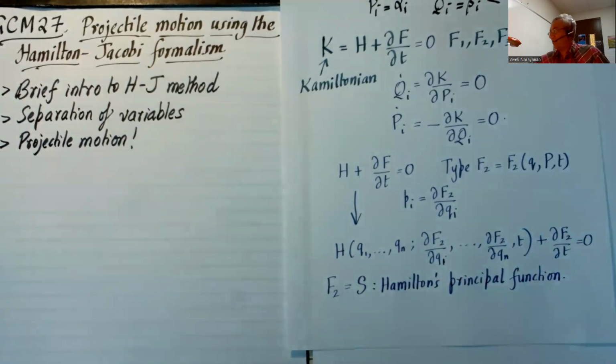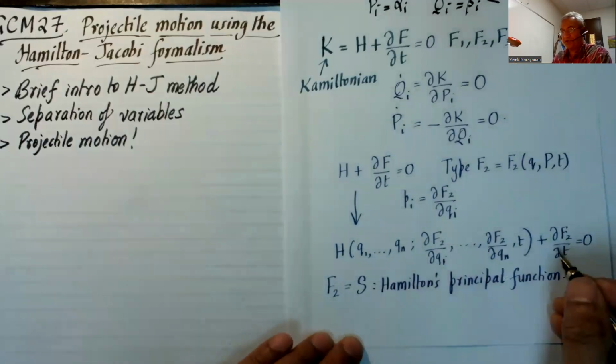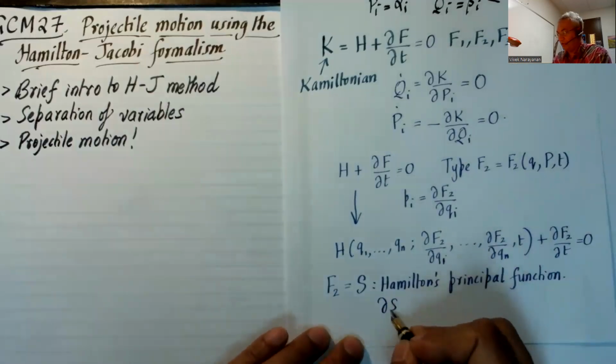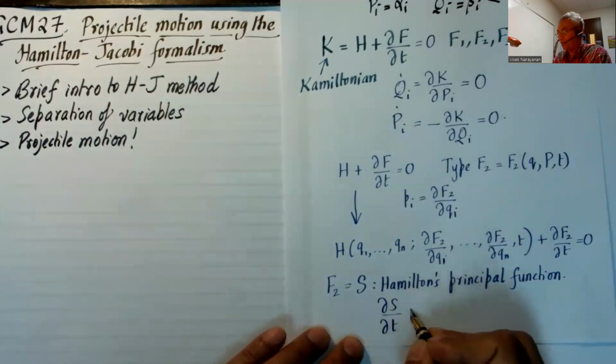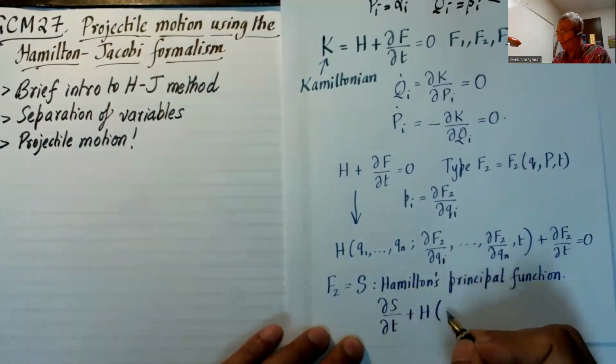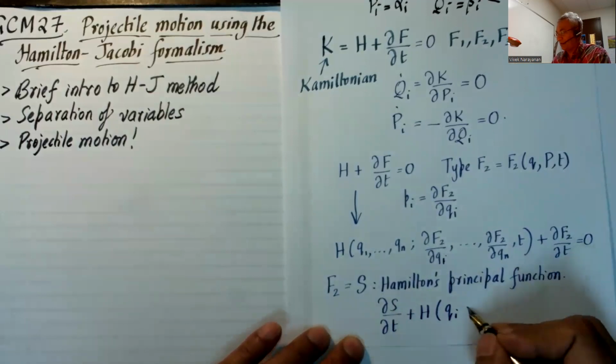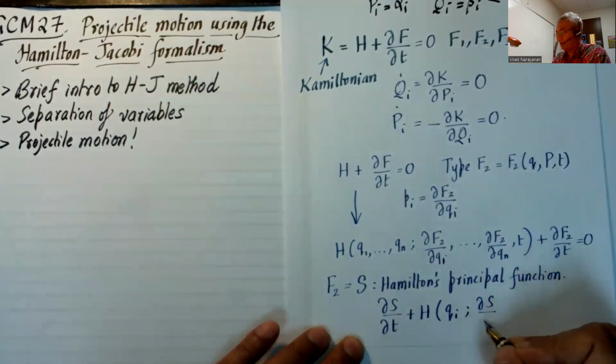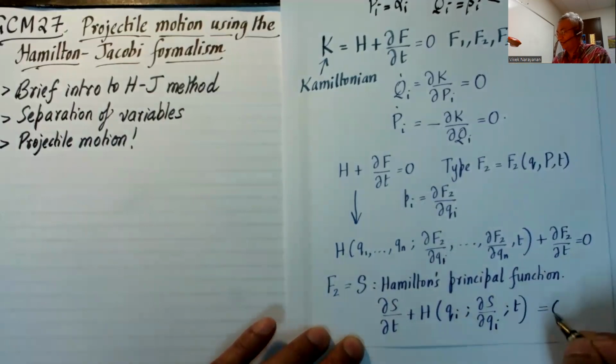The full set of Hamilton-Jacobi equations can be written in abbreviated form as follows. I'll write the partial derivative with respect to time first, as is usually done: del S by del t plus H of all the q_i's, the del S by del q_i's, and t is equal to 0.